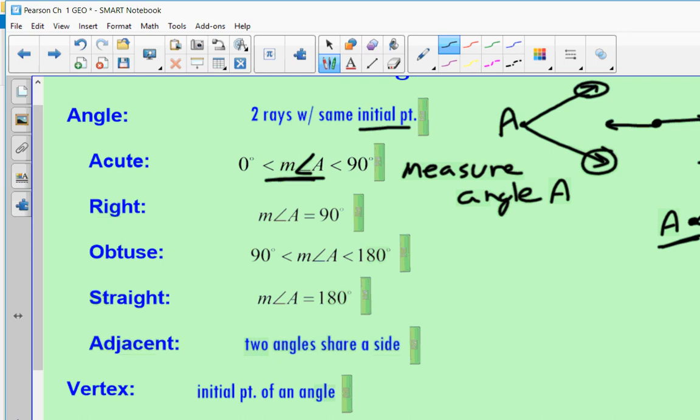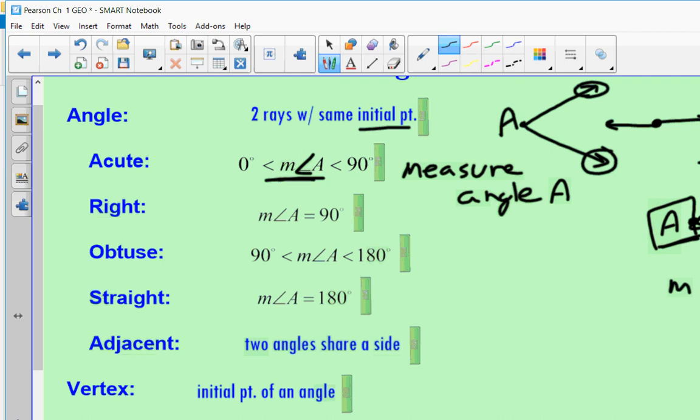So BAC, right? That vertex or the initial point has to go in the middle of the other two points. That's going to be really important for us to understand how to write it and how to identify it. So I might say, what's the measure of angle BAC? And then we'll do some math to figure that out.